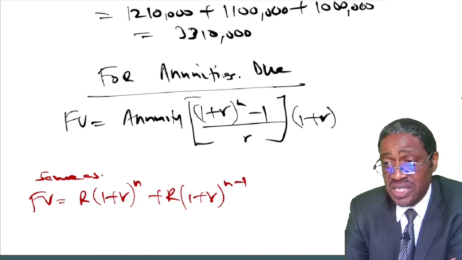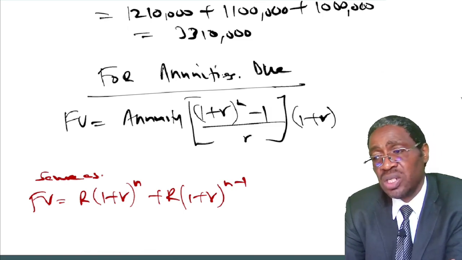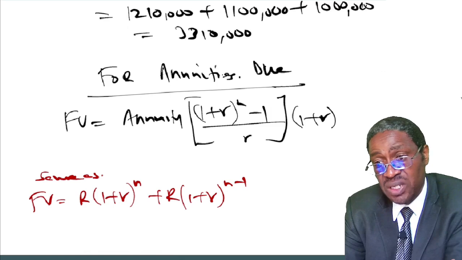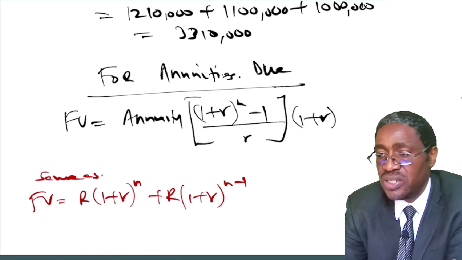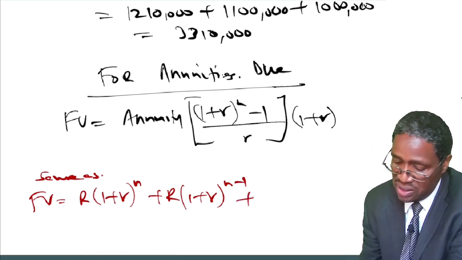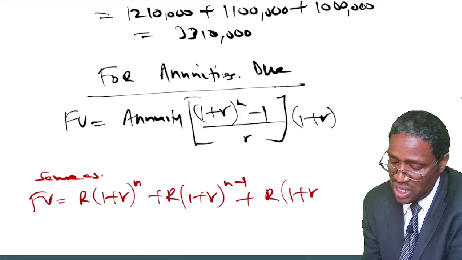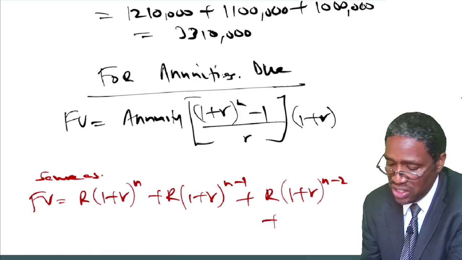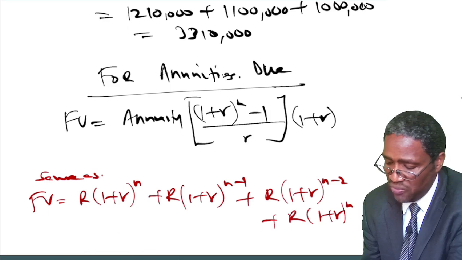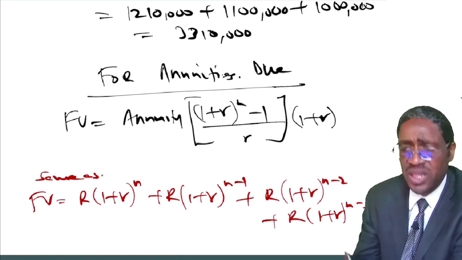What I'm investing at the beginning of year 2 will only earn me interest for 3 years, so I take n minus 1. Plus r into 1 plus r, the power of n minus 2. Then maybe we can do the last one, r into 1 plus r, the power of n minus 3.